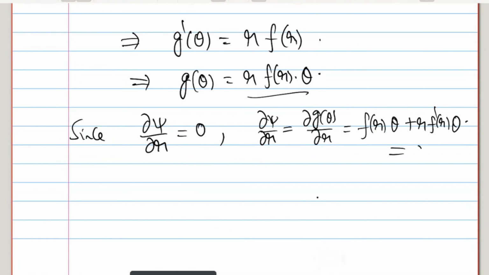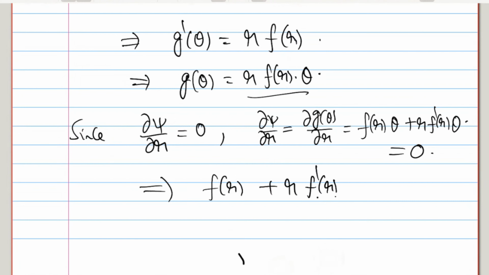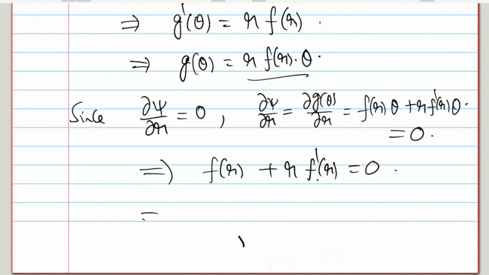That is equal to 0. So this means theta cannot be 0. So you're trying to find f of r. So f of r plus r into f dash of r equal to 0, right? So what is f of r here? Can you solve this simple equation?